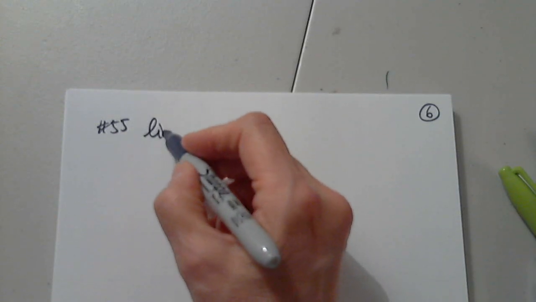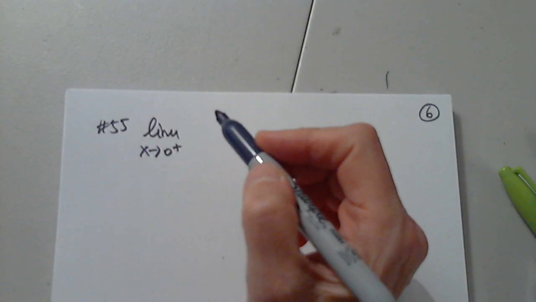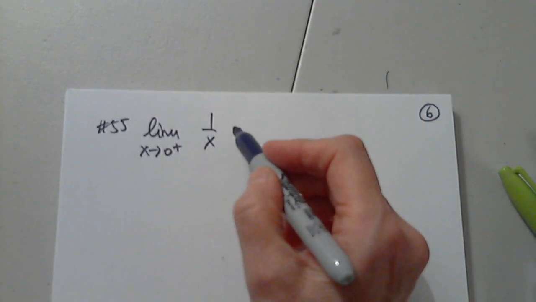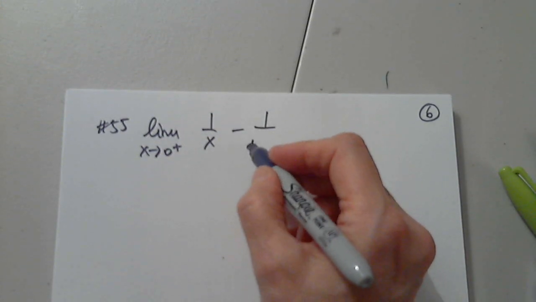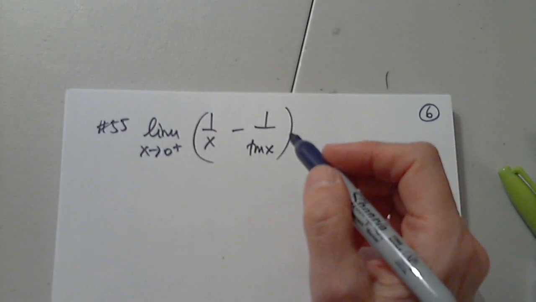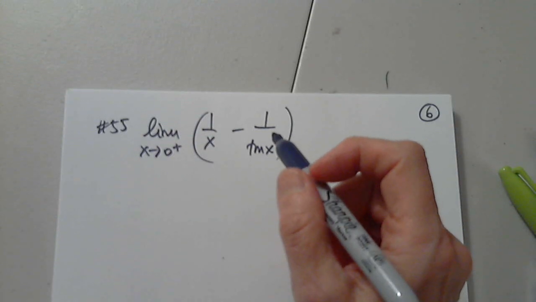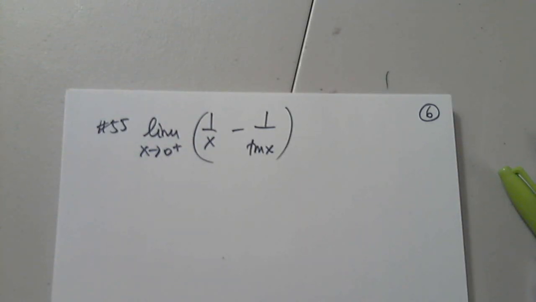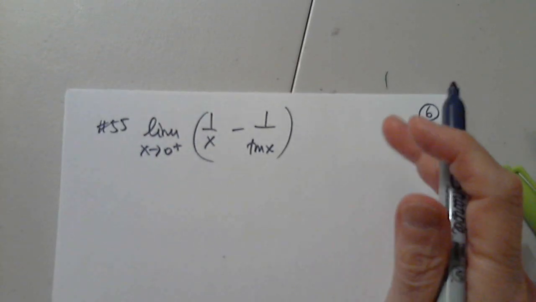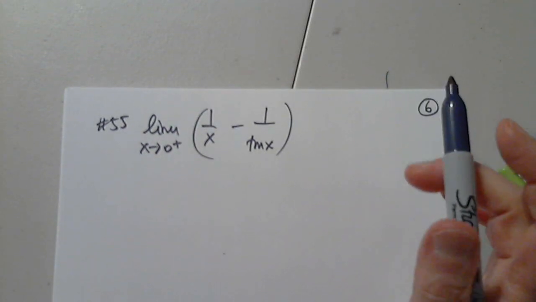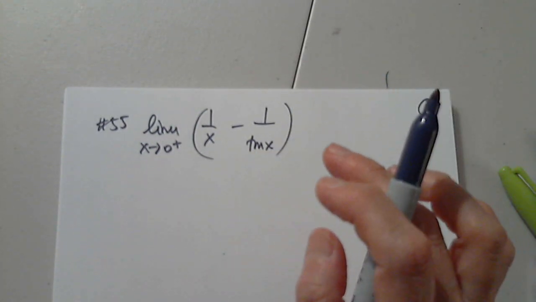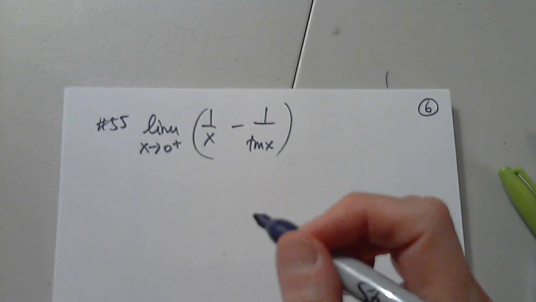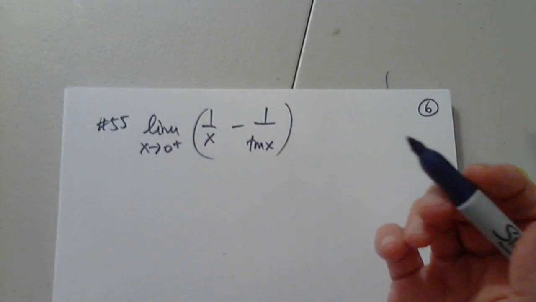And in 55 we have limit as x approaches 0 from the right of 1 over x minus 1 over tangent x. Let me make sure I copied it correctly. Yes, 1 over x, good. See, this is one situation in which I cannot say plug it in. It doesn't mean anything. So this is one exception to the rule.